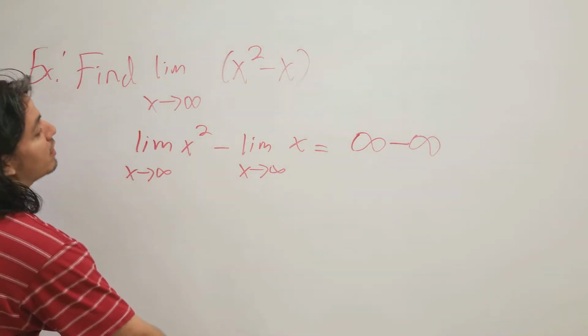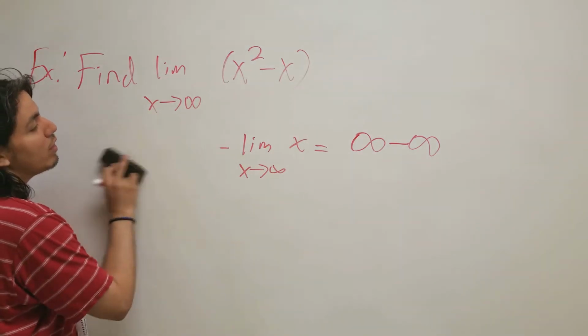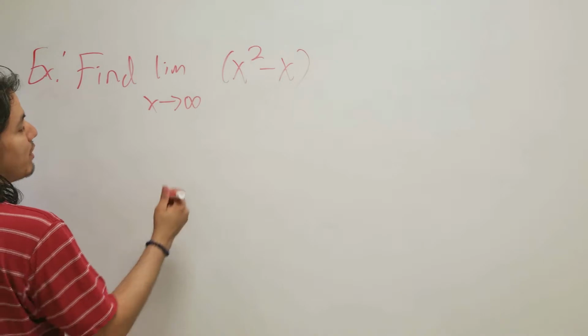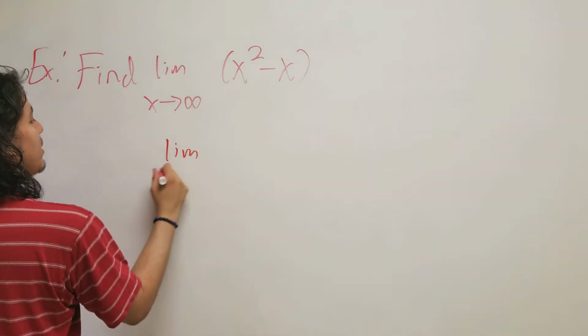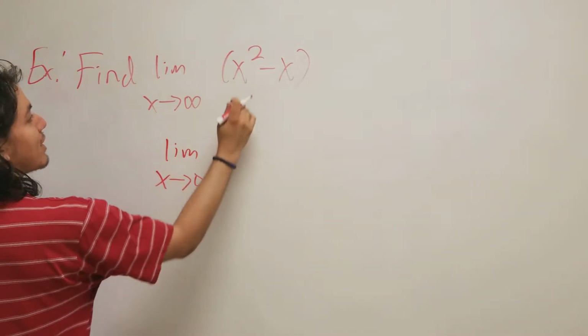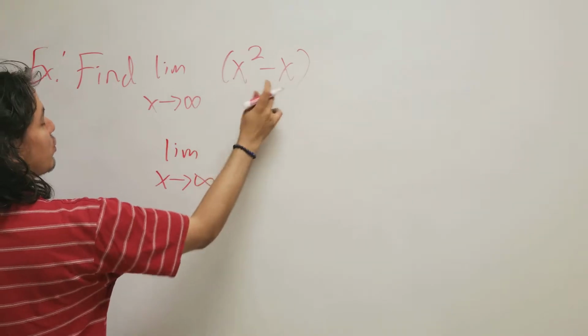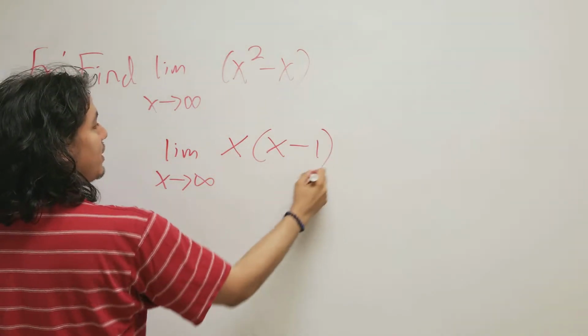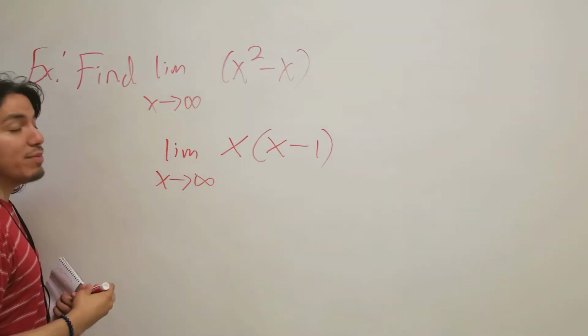However, let's erase this. You are allowed to fix the situation. What I mean by fixing the situation is you're allowed to factor out an x in each term. So I have an x here, and I have x minus 1 here. Now this makes more sense.